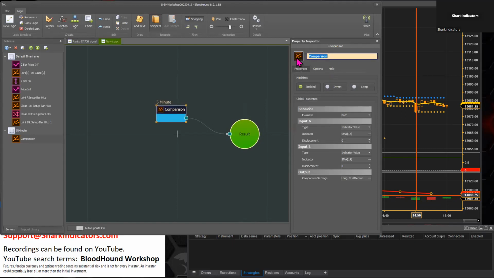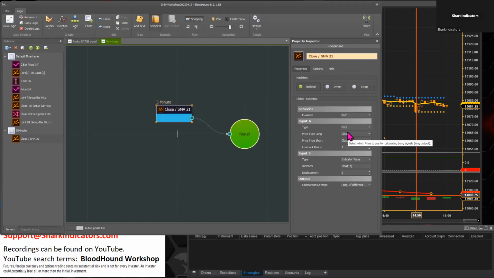We're going to compare close to the SMA 21. Input A is going to be price, and again, this is the price of the 5 minute chart. These are the closing prices of the 5 minute chart.